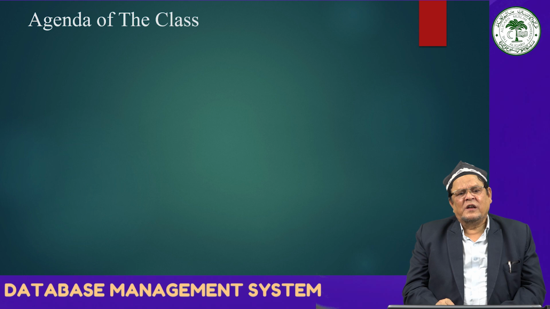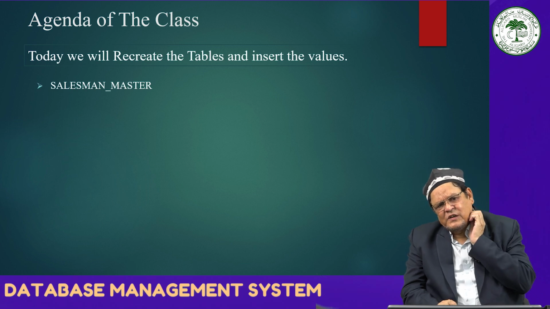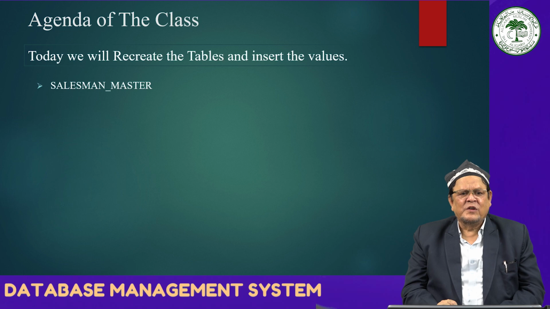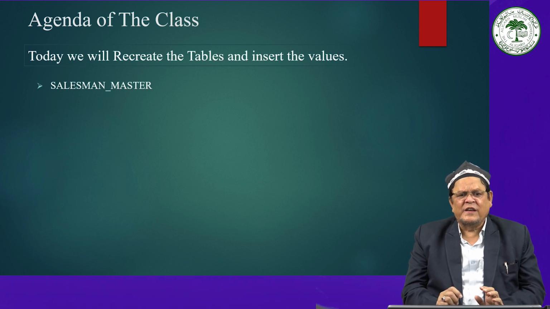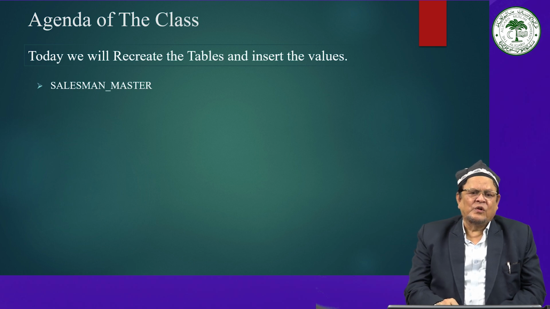The agenda of today's lecture is to discuss the new tables. It means we have to recreate the tables and insert the values also. Here you have to create the salesman master table and insert the values in salesman master.